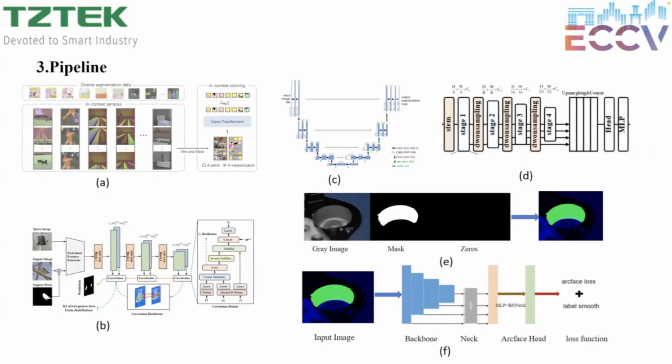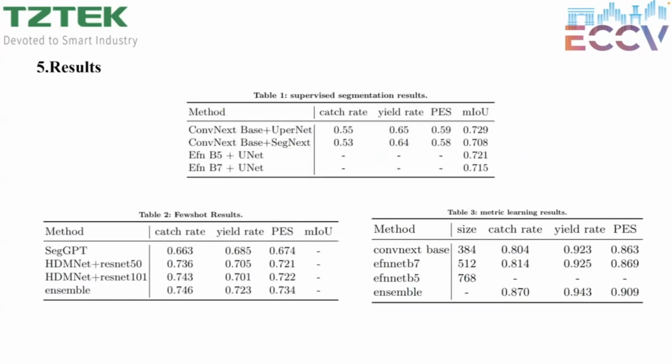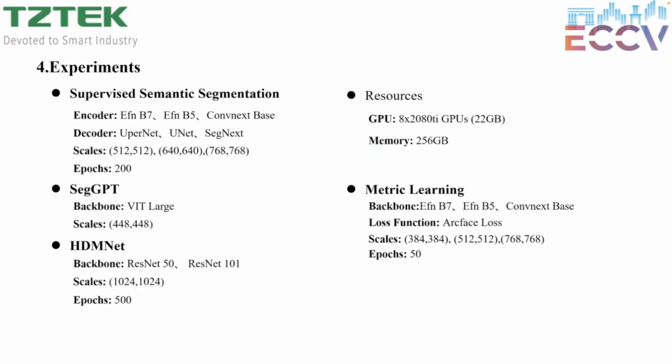Figure E represents the process of data synthesis for metric learning, and Figure F represents the network structure for metric learning. Below are some details of the experimental parameter settings for our approach, such as the backbone network, decoder, training and inference scales, number of iterations, and the resource environment required for the experiments.